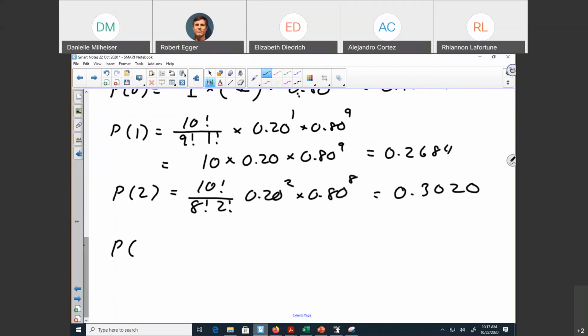Lastly, the probability of having three of them. 10 minus 3 is 7. Probability of success is 0.20, 3 of them. Probability of failure, 7 of them. And that gets you 0.2013.